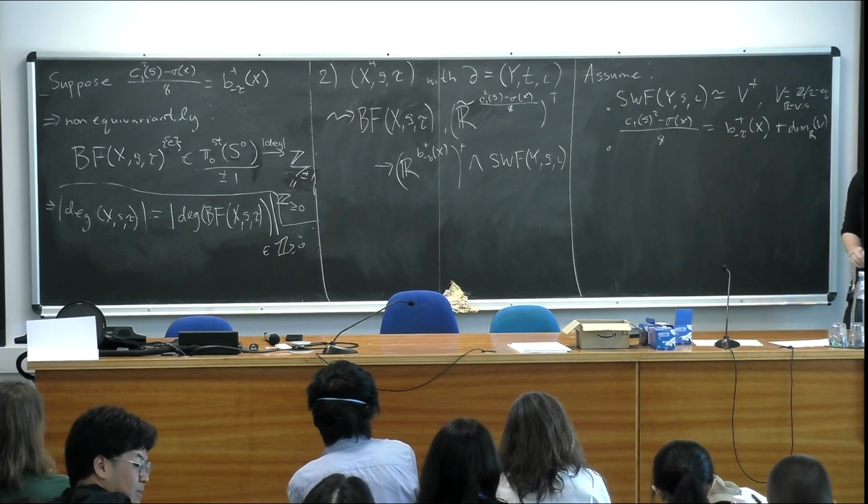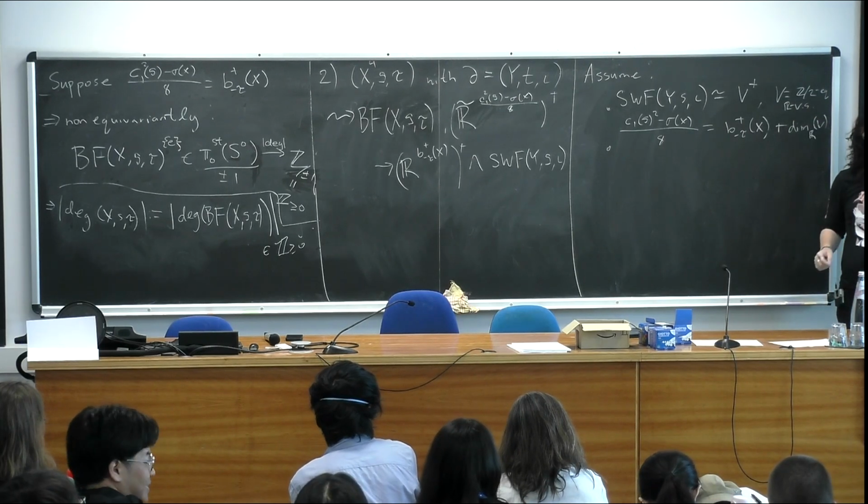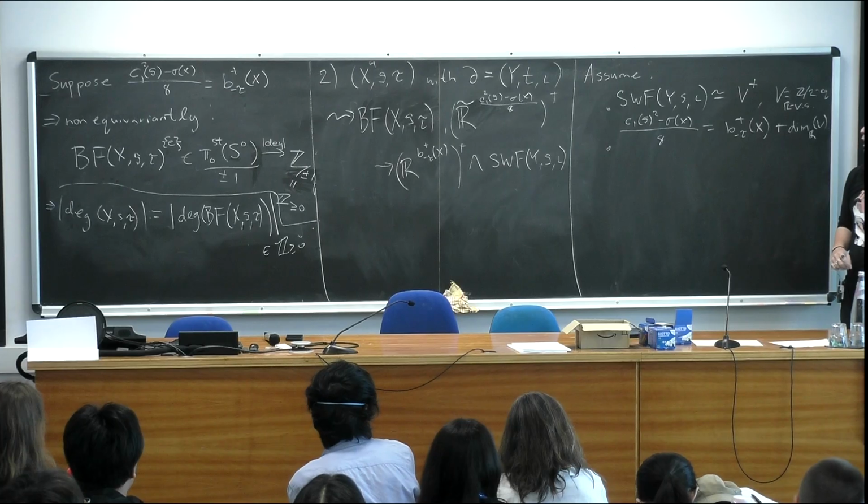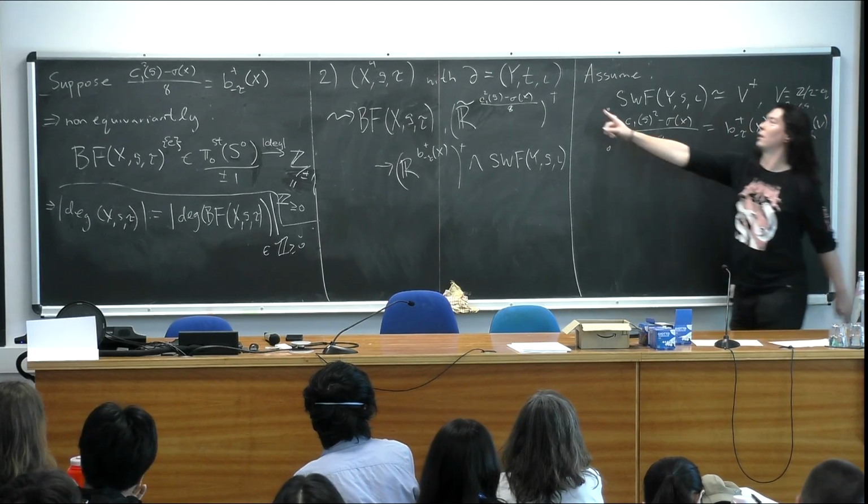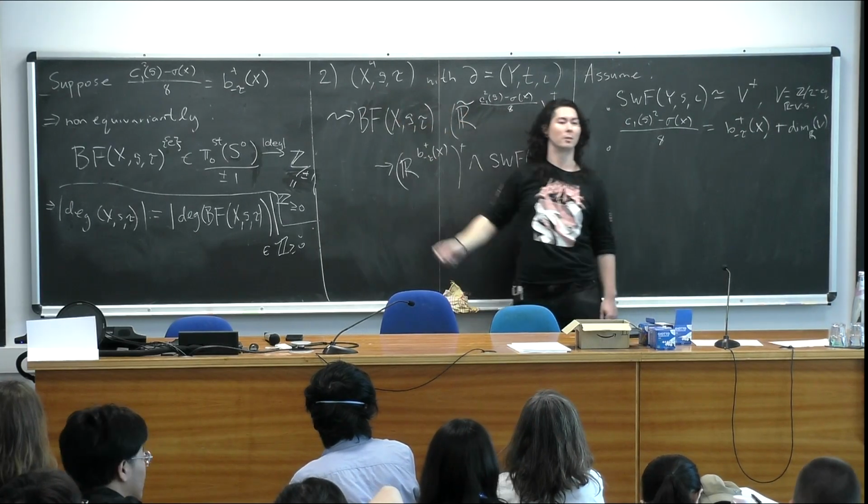Thank you. Iota is the restriction of tau. This tuple is like the boundary of this tuple.